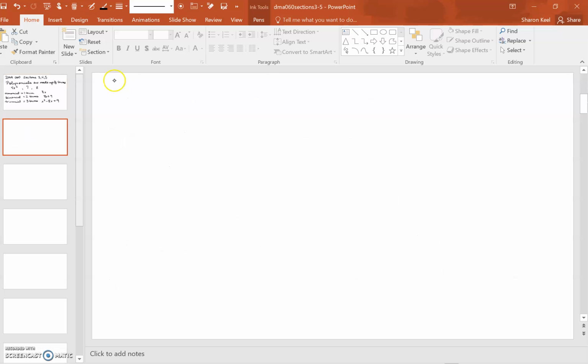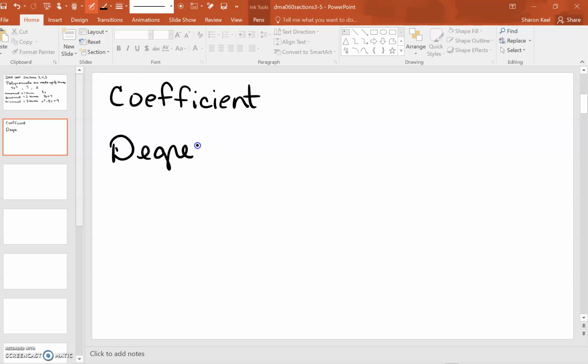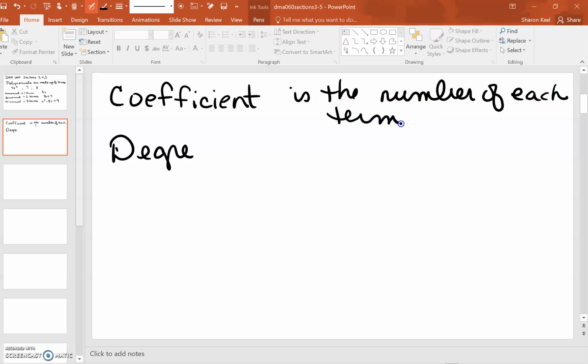Some other terms that we need to be familiar with are the words coefficient and degree. Coefficient is the number of each term, just the numeral.